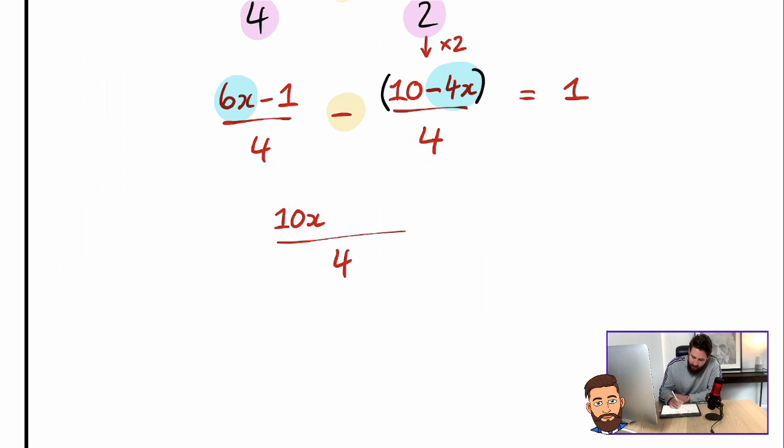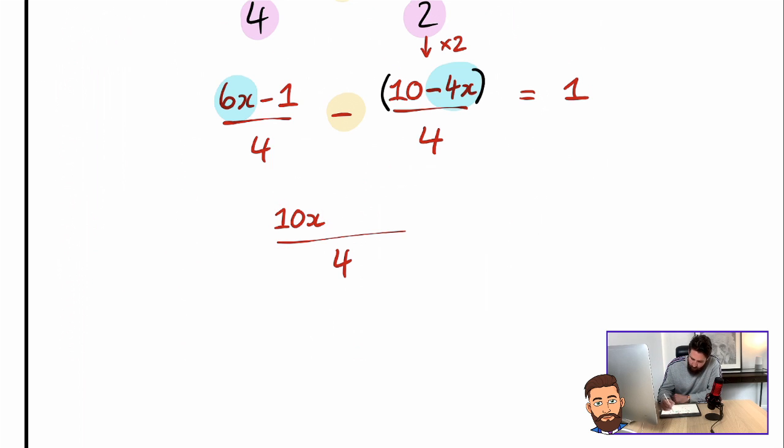And again, if I didn't notice that this was a double negative, I would have done 6x minus 4x and I would have got 2x, which is wrong. So really be careful when you've got a minus and more than one thing. You just put it in a bracket and double check if you've got any double negatives. So 6x minus 4x is 10x.